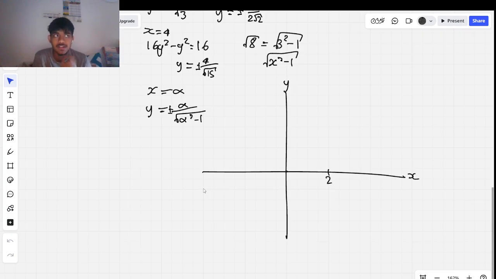Yes, it's 20 over 15 roughly. And yeah, so it's still more than 1, so it's going to be somewhere here. And at 3 it's 4 over root 15. Oh no, it isn't.